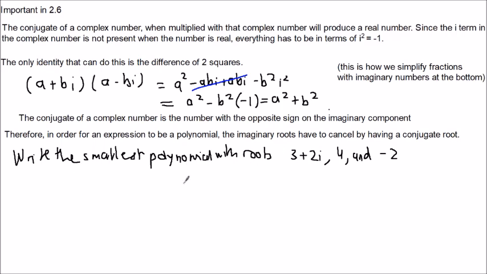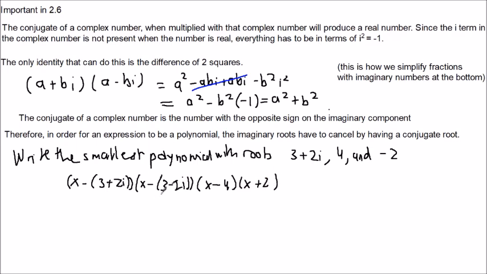So for this smallest polynomial, it will be x minus 3 plus 2i, x minus 3 minus 2i, right? Because the roots mean they're equal to 0, so 3 plus 2i minus 3 plus 2i is just 0. And then we have to have its conjugate as well, x minus 4, x plus 2.